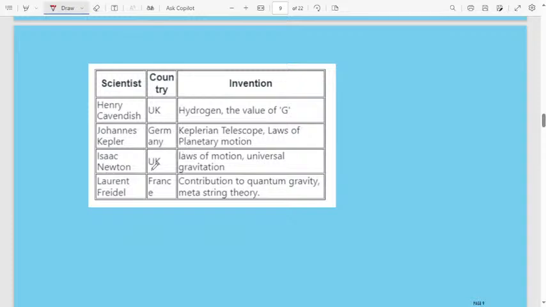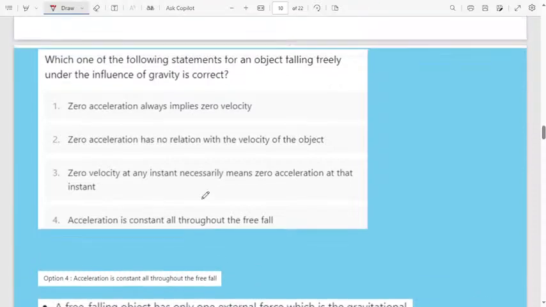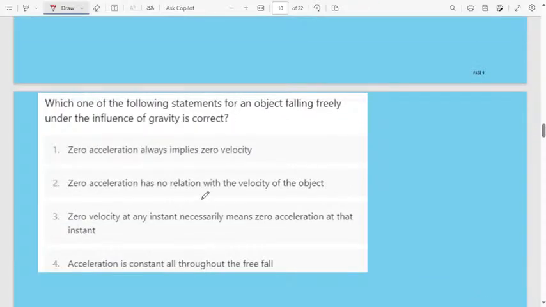Isaac Newton, UK, laws of motion, universal gravitation. Then Laurent Freidel, France, contribution to quantum gravity, string theory. Remember, very important and also it is necessary.